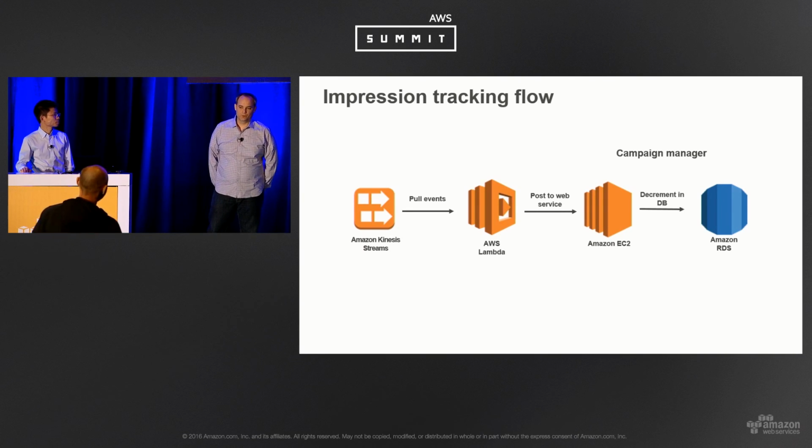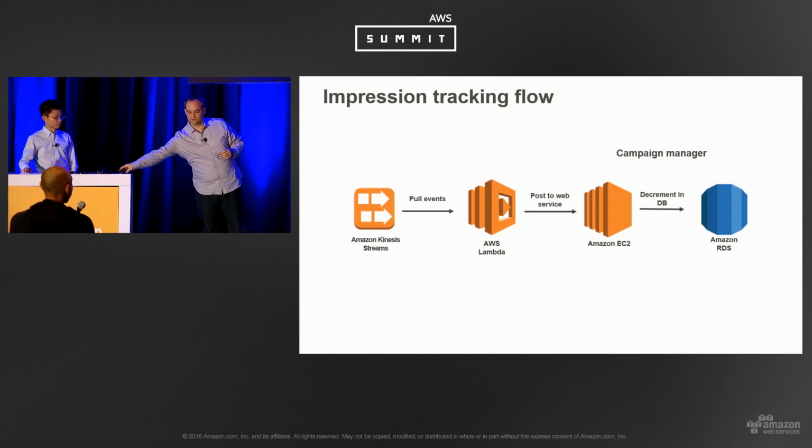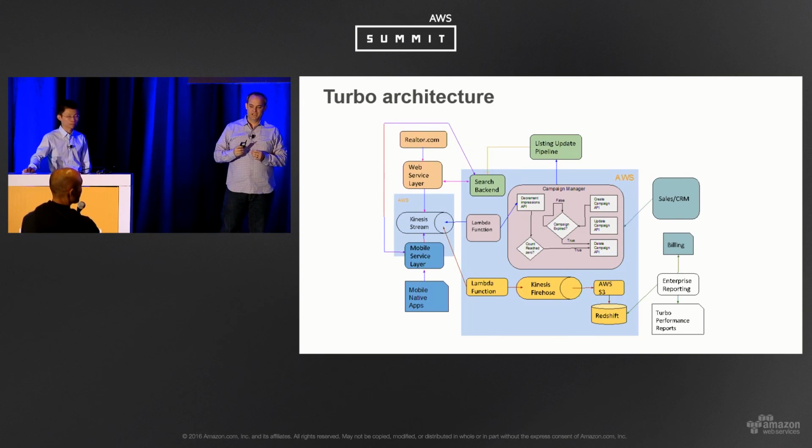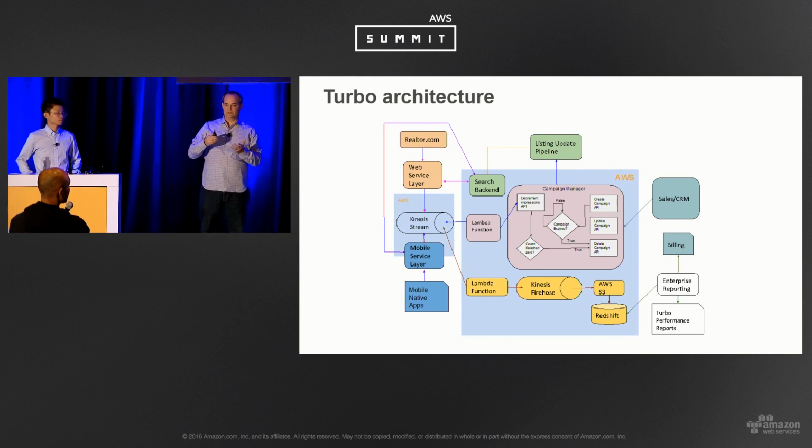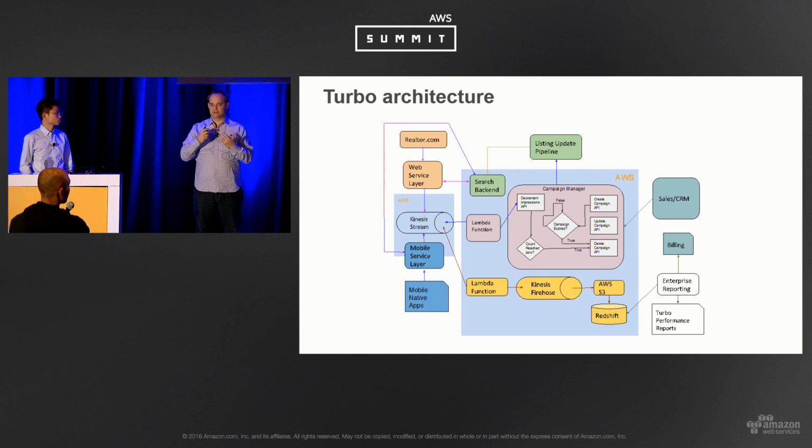Great question. The campaign manager, which is best demonstrated by this diagram, does impression tracking as only one of its jobs. That area in pink is a Ruby on Rails app that has multiple web services exposed to handle all aspects of the life cycle events for ad campaigns: creation, deletion, impression, decrementing, and so on.